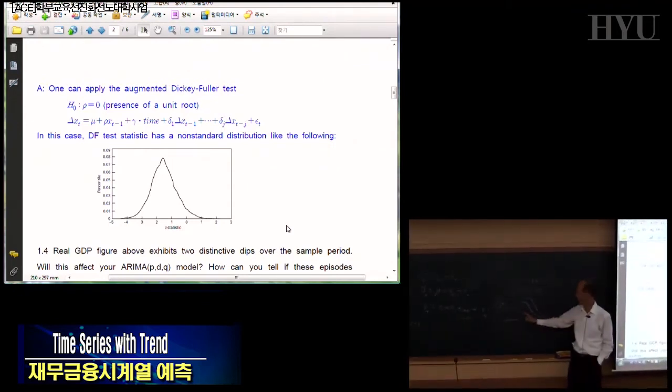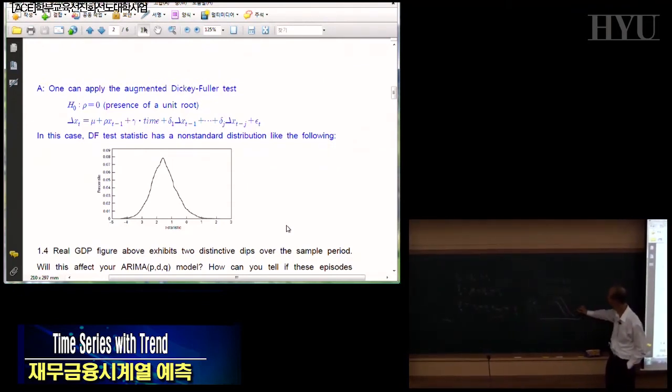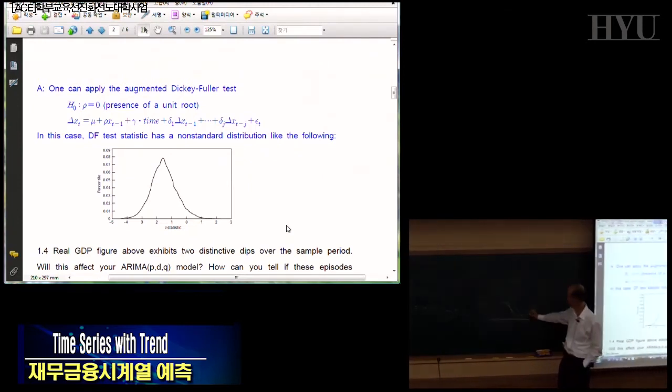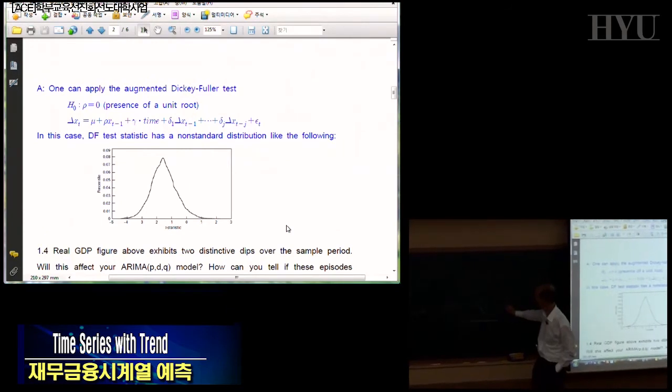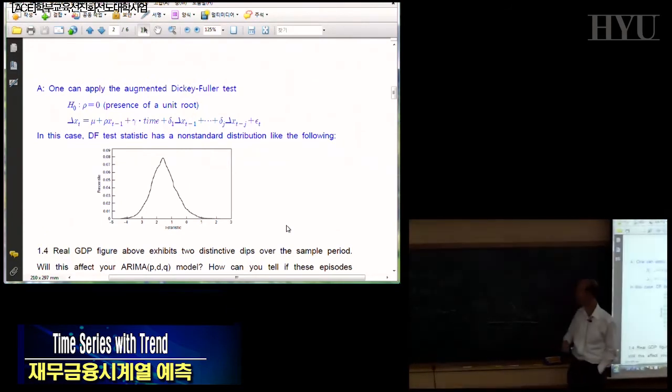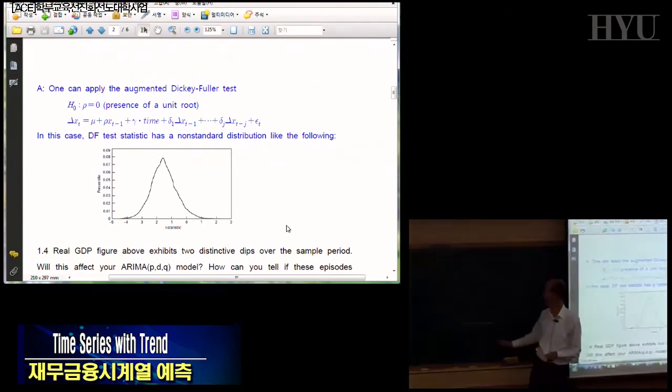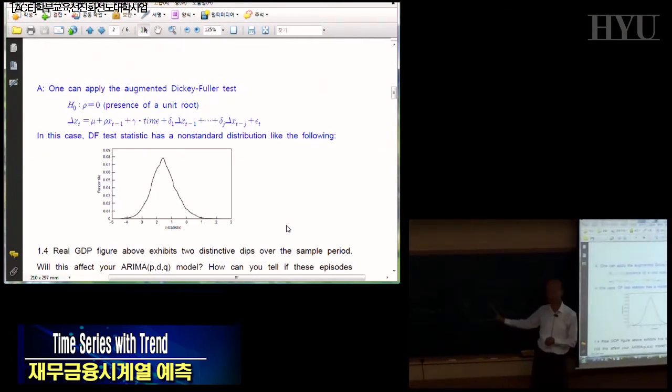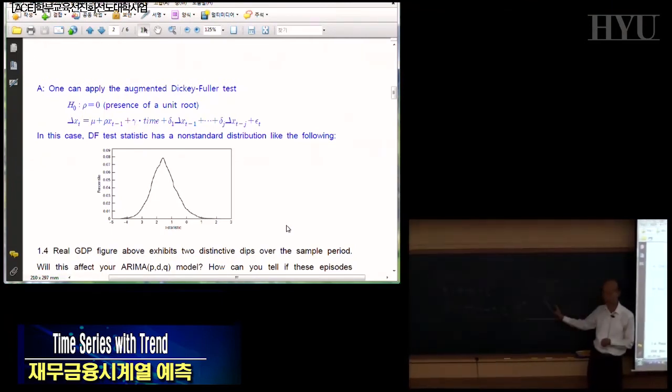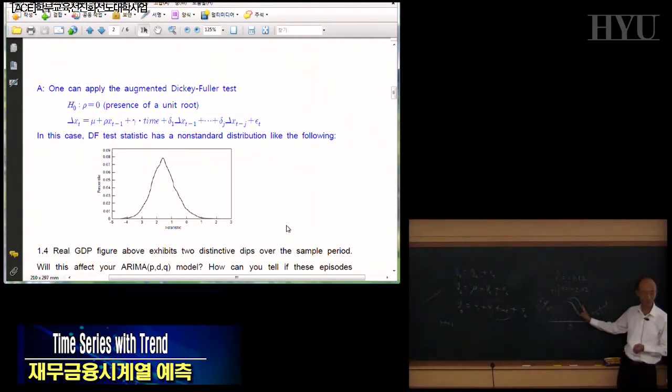This one is the standard t distribution. So I wanted to see whether you can indicate you need a proper distribution, this one, not this one.